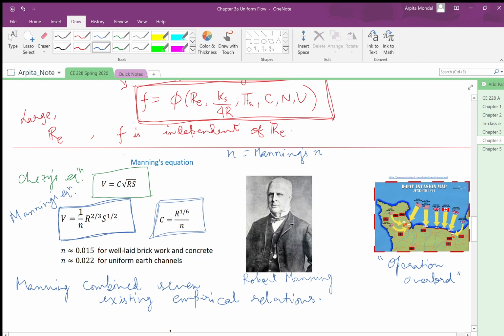Here he had used another constant. It was later related to the reciprocal of the roughness coefficient n, and that's how the form of Manning's equation which is popular today came into being.